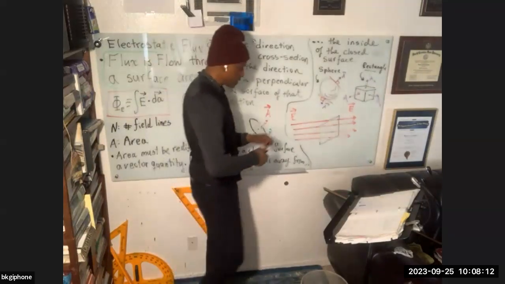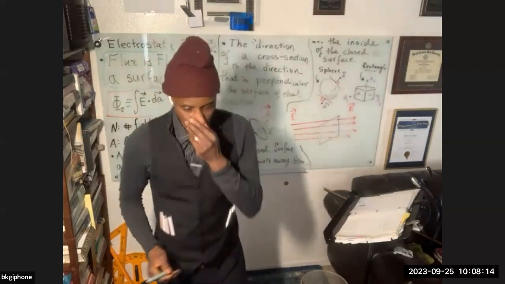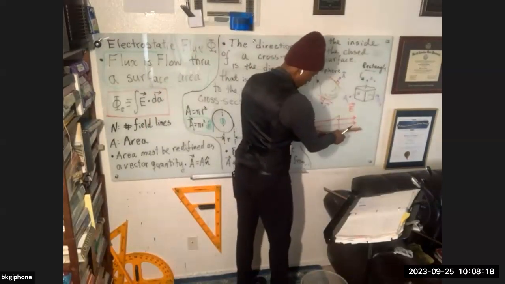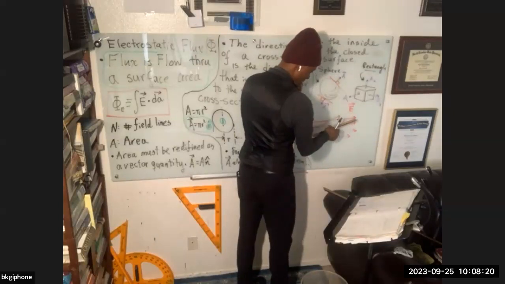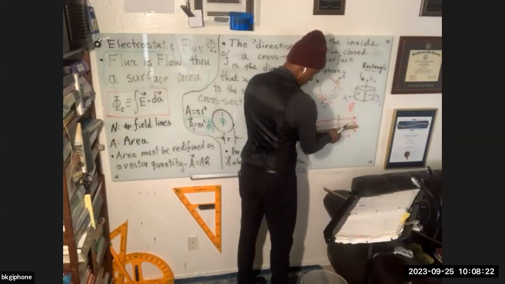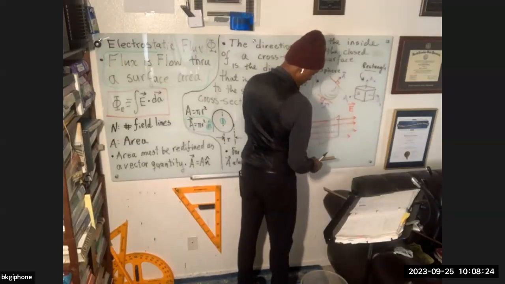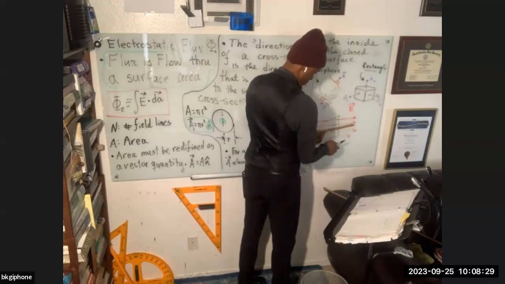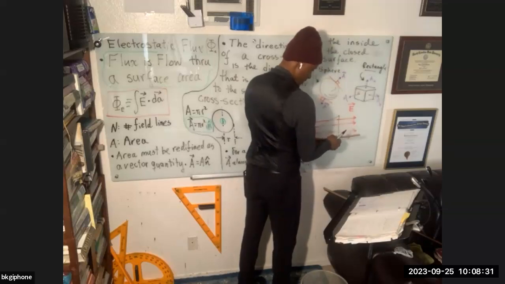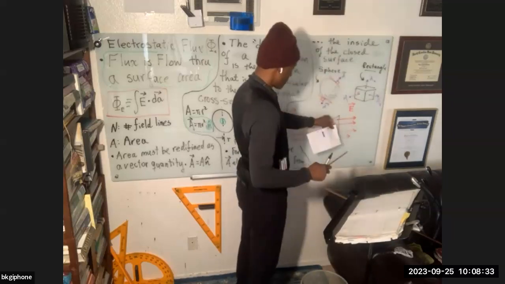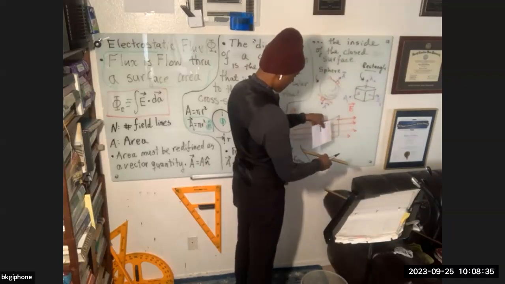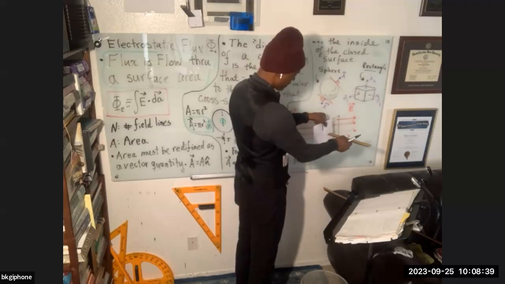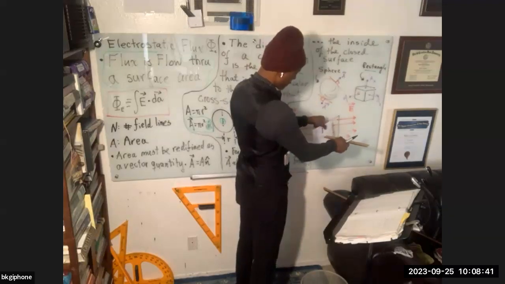So maybe this guy would represent the area vector. I should have exaggerated even more. I'll have it sort of pointing like that. Well, it's kind of perpendicular out in that direction, right?